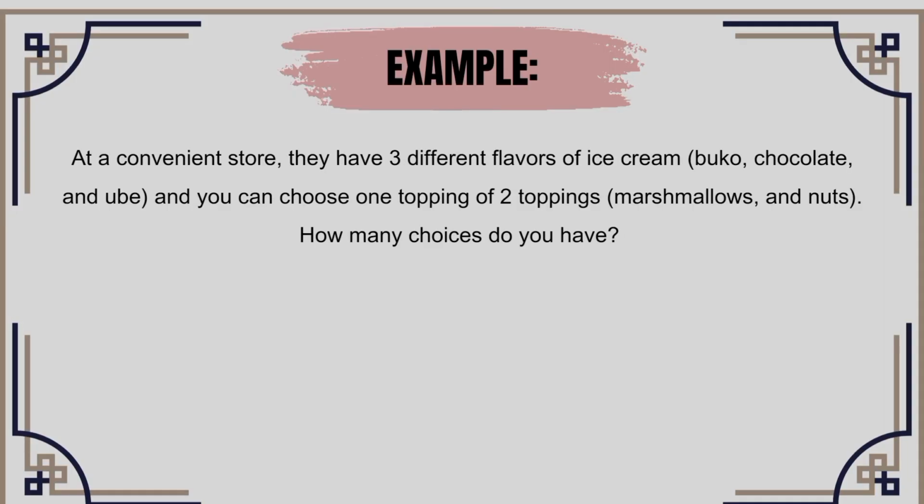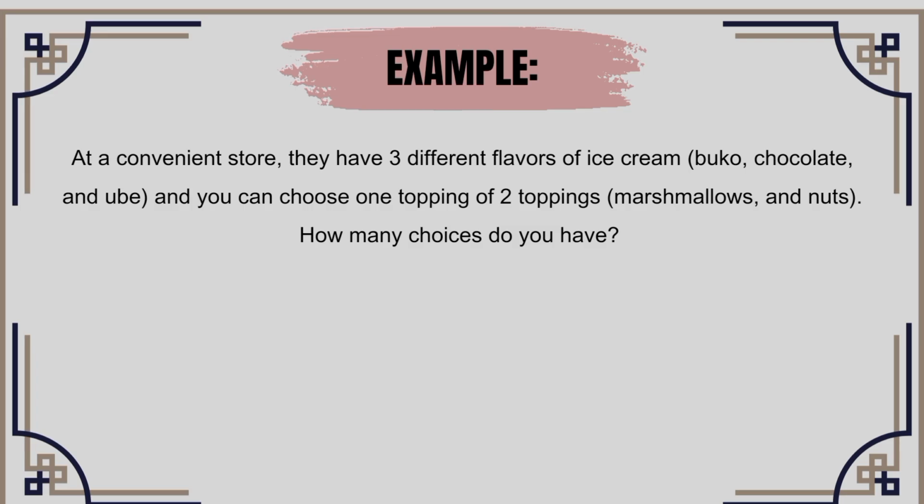At the convenience store, they have 3 different flavors of ice cream, which are buko, chocolate, ube. And you can choose one topping of 2 toppings, which are marshmallows and nuts.